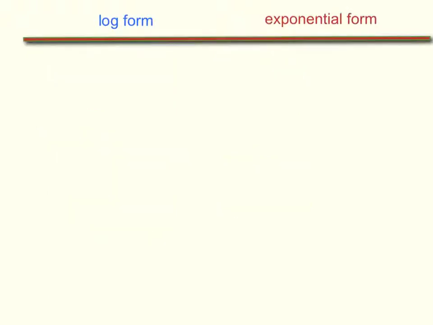So the next step is to look at some examples. I'm going to put it in log form, and I'm going to say the log of 1 is equal to 0. And I can say that because 10 raised to the 0 power is 1. If I say, what is the log of 10?